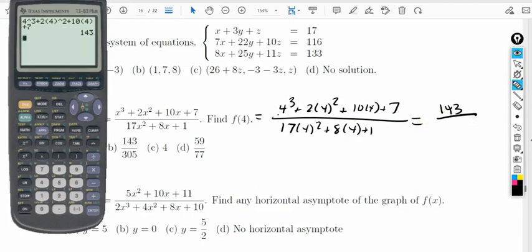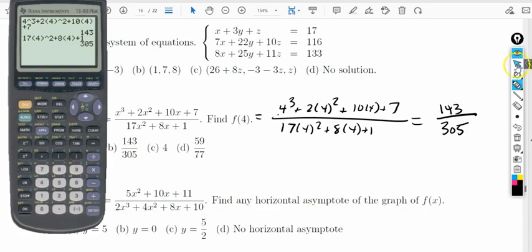And the denominator is 17 times 4 squared plus 8 times 4 plus 1. Then press enter. We get 305. And you just want to make sure it's in lowest form.